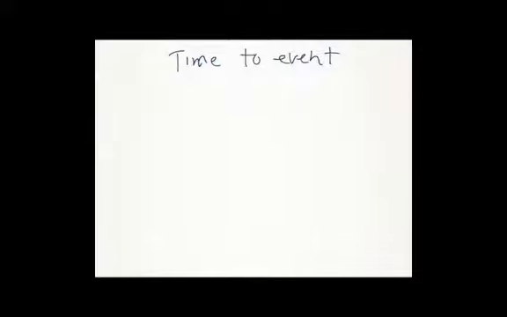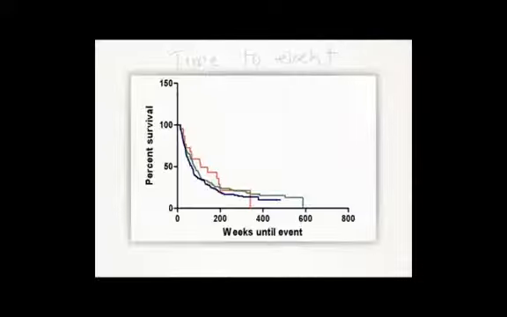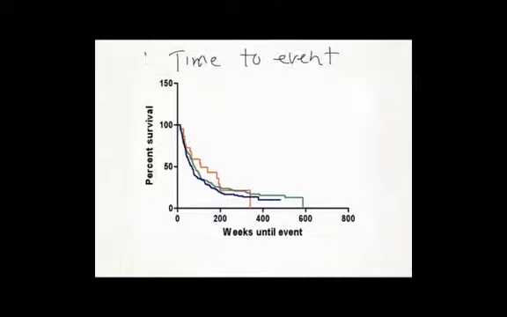A plot here is very helpful, so let me show you a plot. Here you can see it says percent survival. I'm not sure why this 150 is here, because you can't have 150% survival, so I would delete that. It's not a good way to do it since 100% is the maximum.